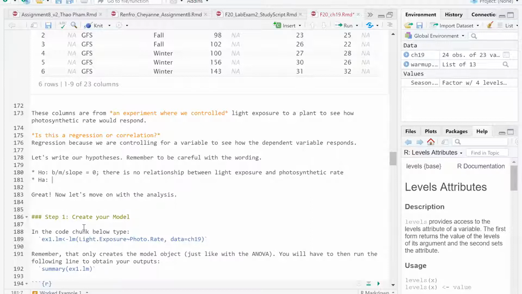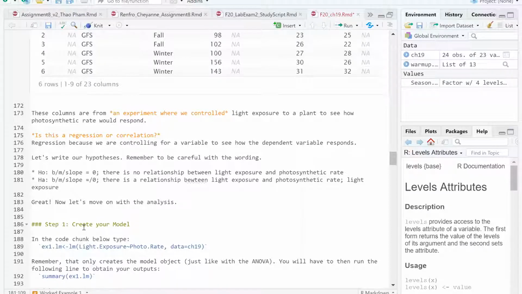Your alternative is that the slope, B or M, is not equal to 0, meaning there is a relationship between light exposure and photosynthetic rate, or light exposure causes a change in photosynthetic rate.